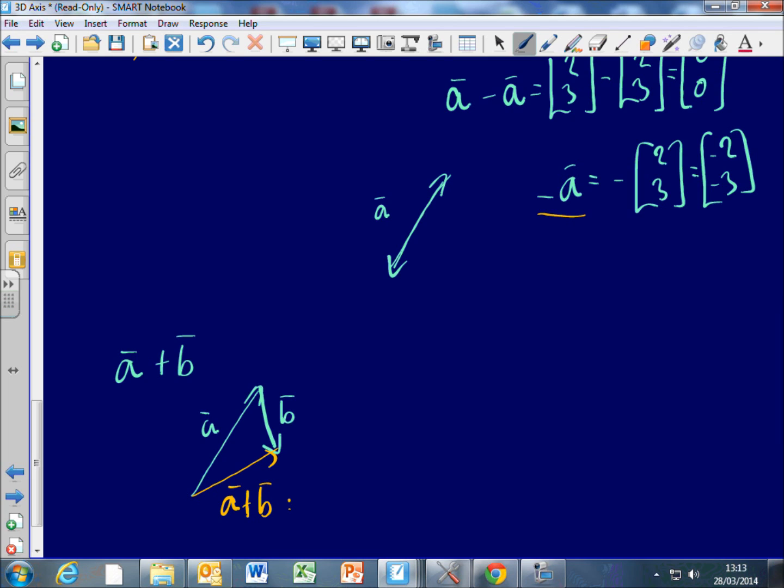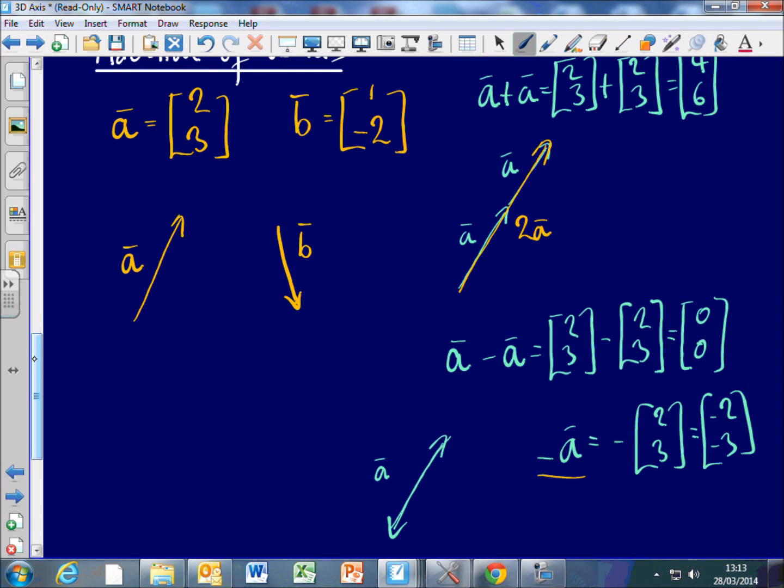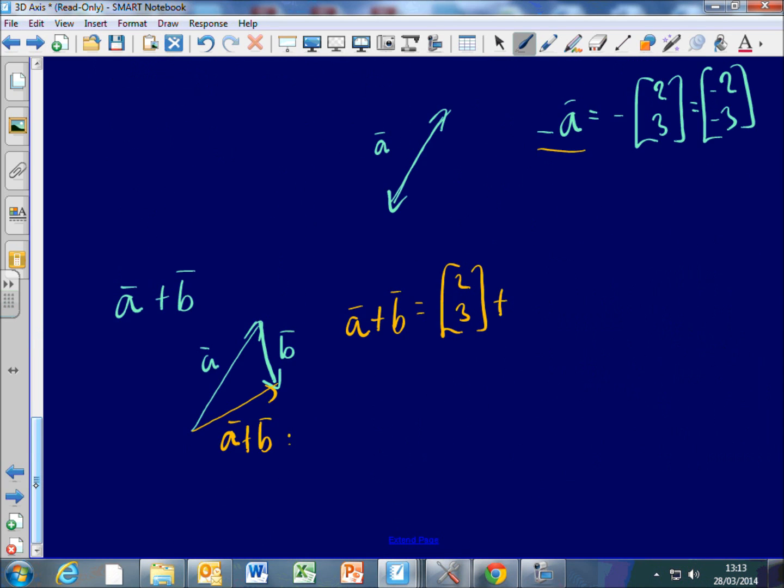In terms of what is actually going on, A plus B is 2, 3 plus 1, minus 2. It gives me an outcome of 3, 1. So 3 across and 1 up, which is what that vector is. Okay, so that's how we do all that sort of stuff.